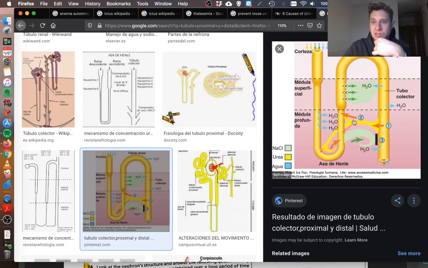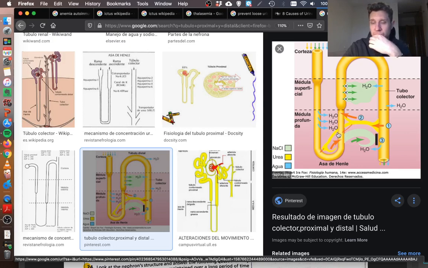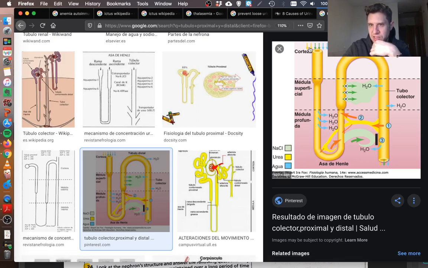Good. And salts too. Urea is traveling around these tubes, but at the end we are peeing urea, salt, and water, not as much as here. Can you see it?